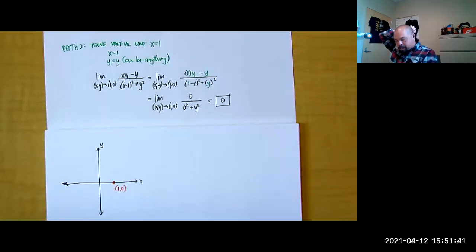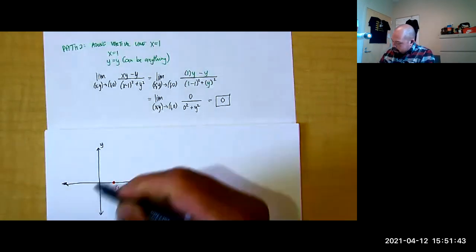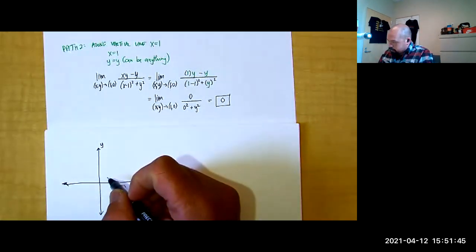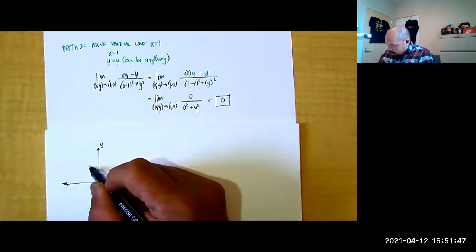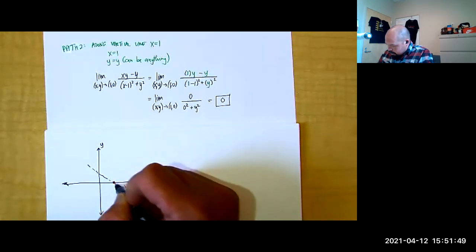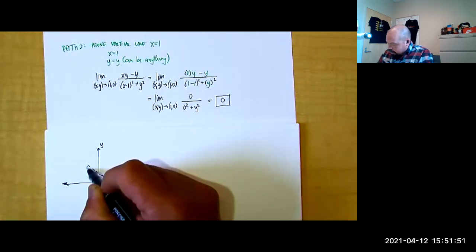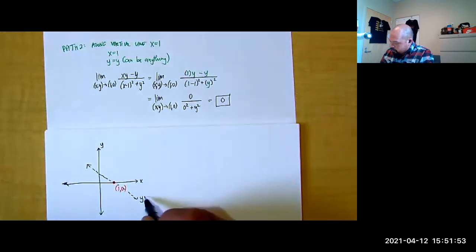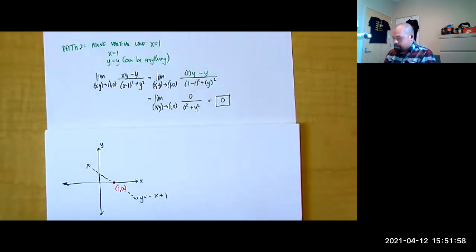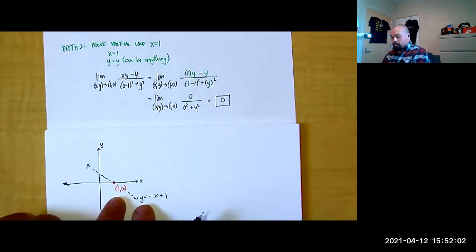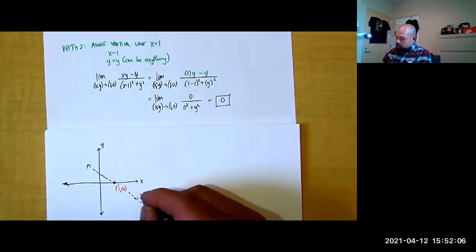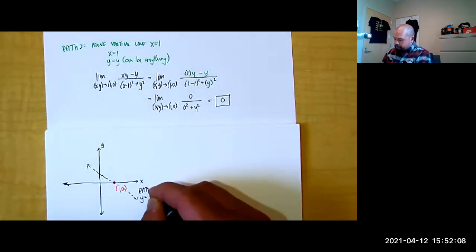But now let's say for this third path, I want to approach along this line. Right, a simple line where this is the line y is equal to negative x plus 1. And again, you can make sure that (1, 0) satisfies that line. So this is going to be our path number 3.